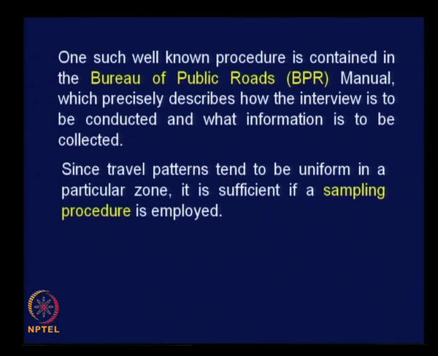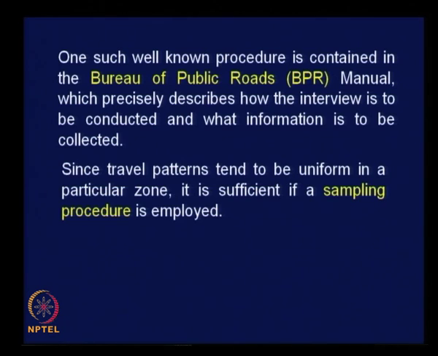And since travel patterns tend to be uniform in a particular zone, it is sufficient if a sampling procedure is employed. This is a very, very important statement. Since travel patterns tend to be uniform in a particular traffic zone, it is sufficient if a sampling procedure is employed.